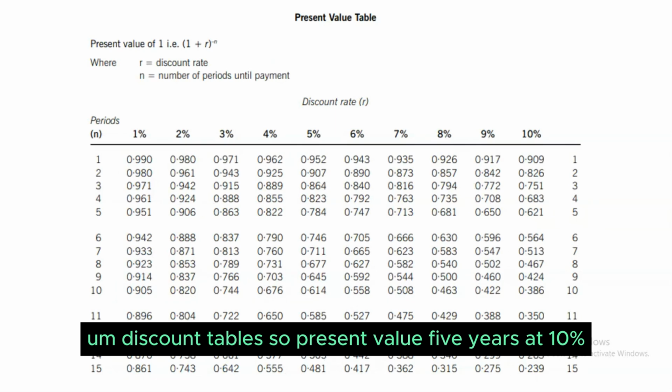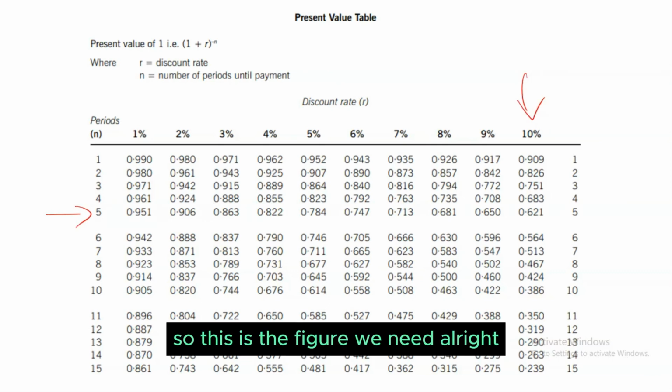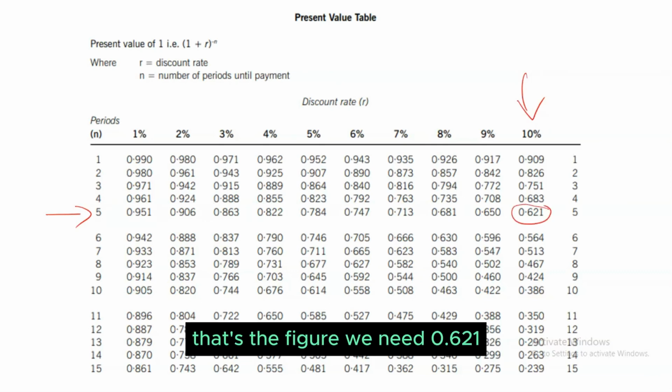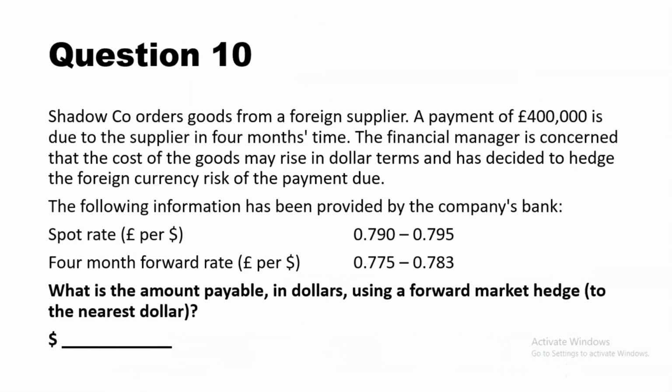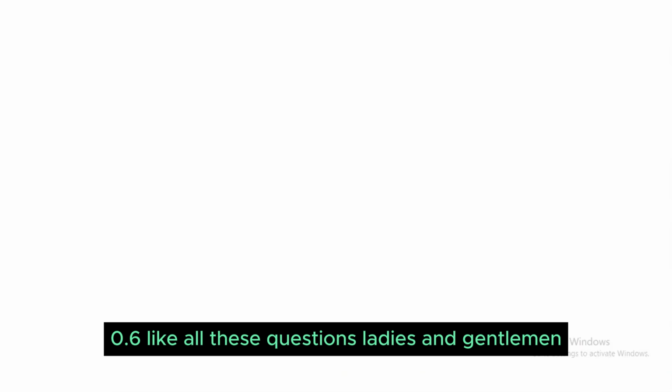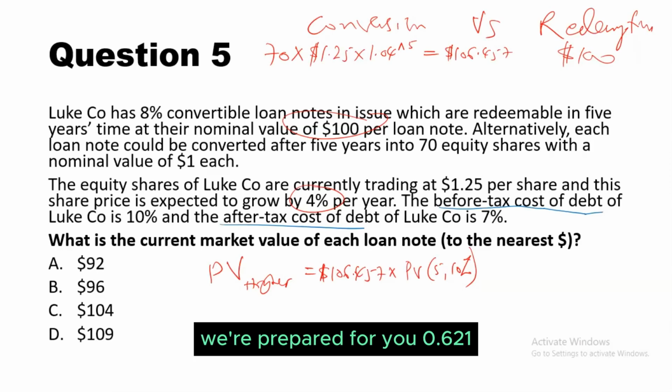So this is the figure we need: 0.621. Sorry, all these questions, ladies and gentlemen, were prepared for you.